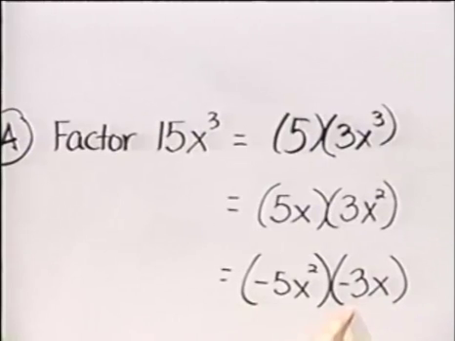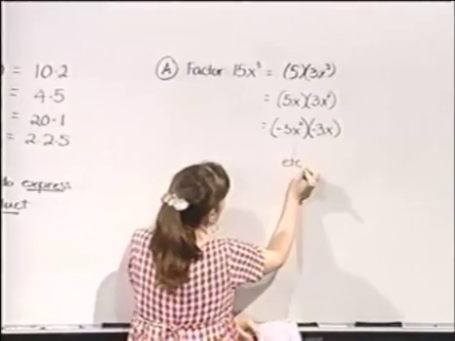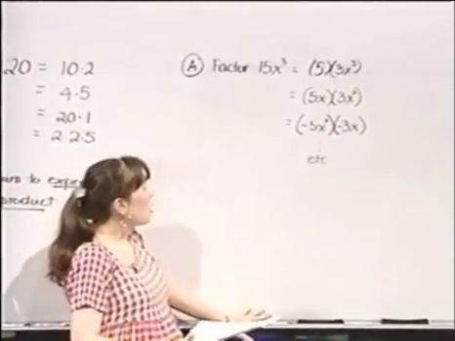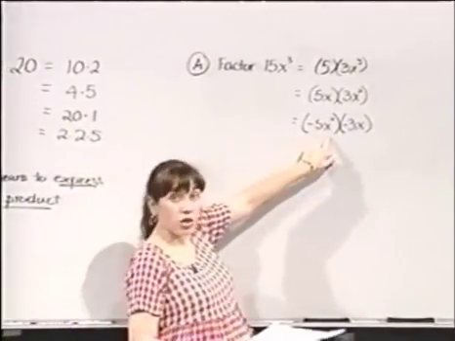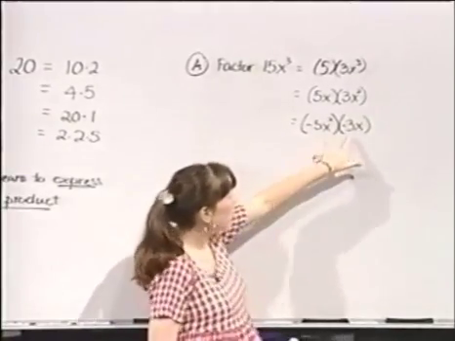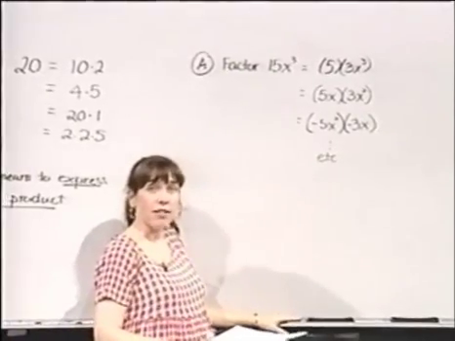That also gives us 15x cubed. And in fact, we can keep going on and on. Etc. There are many different ways to factor 15x cubed. The idea is once you get one term of your factorization, then you can get the other term easily. So to factor means to write as a product.